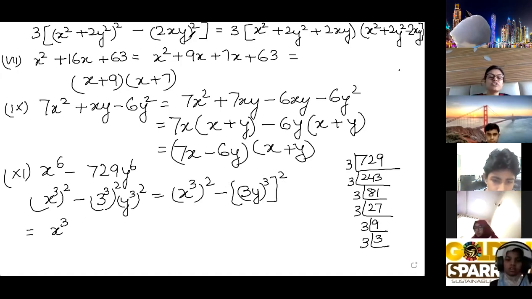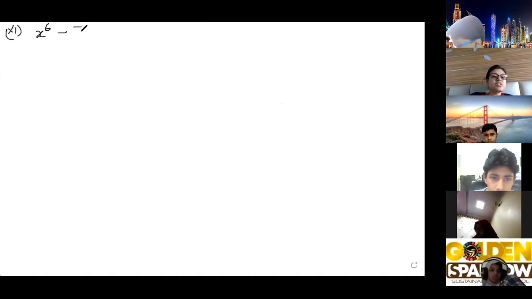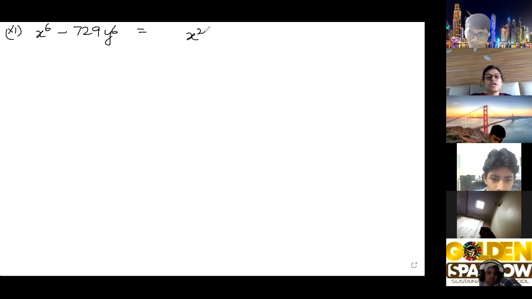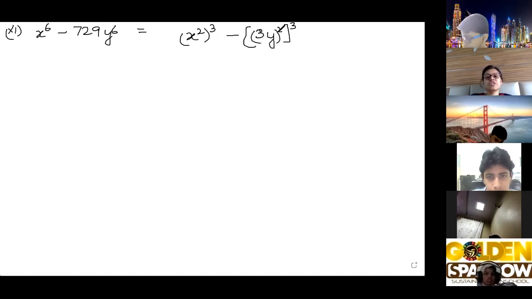Wait, I'm doing it on a new page. Question is x raised to 6 minus 729y raised to 6. So either you can write this as x square whole cube, this way also we can do. And this is 3y, so I'll write 3 square whole cube, because 3 square is 6.